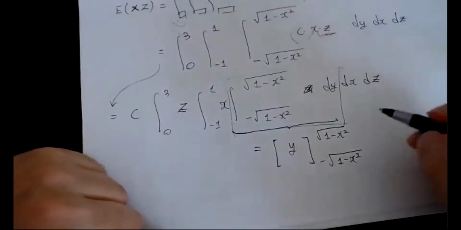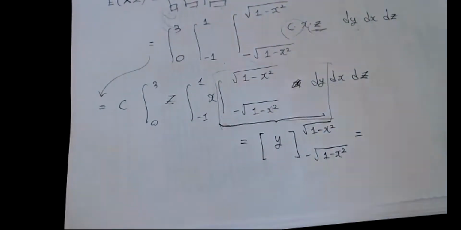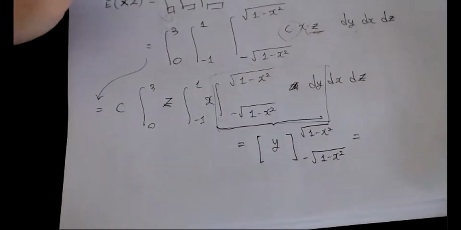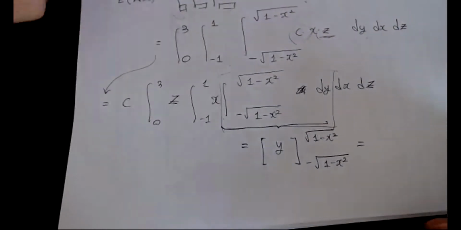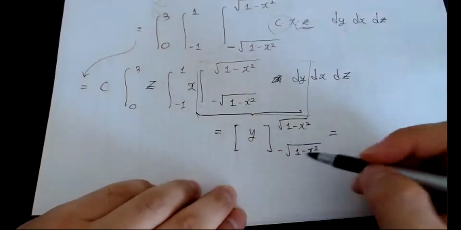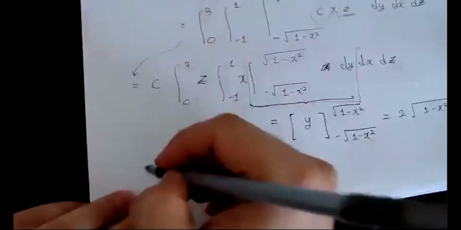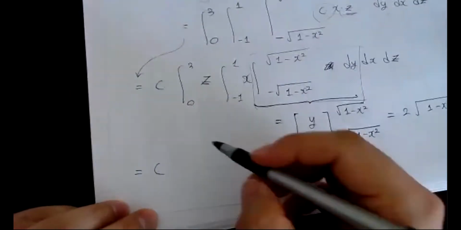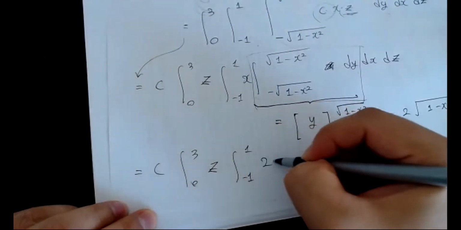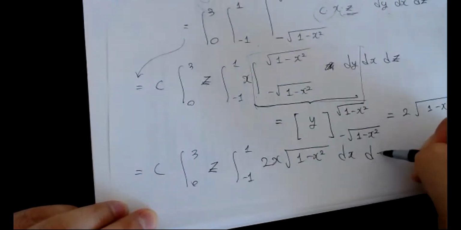So this is equal to square root of 1 minus x squared minus negative square root of 1 minus x squared, which is 2 times square root of 1 minus x squared. So now this is equal to c times the integral from 0 to 3 of z times the integral from negative 1 to 1 of 2x square root of 1 minus x squared dx dz.